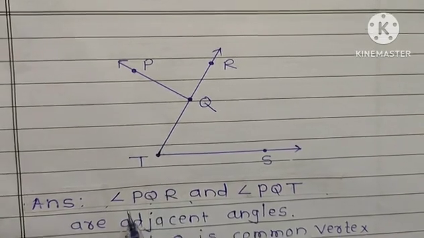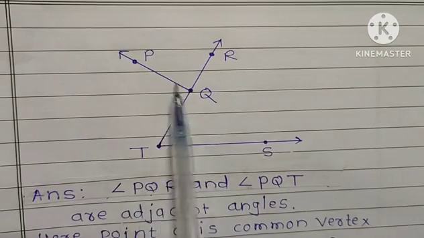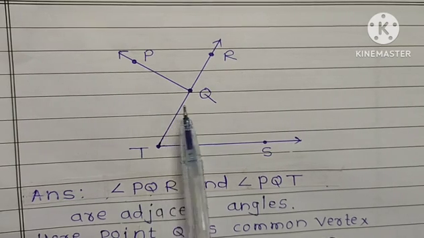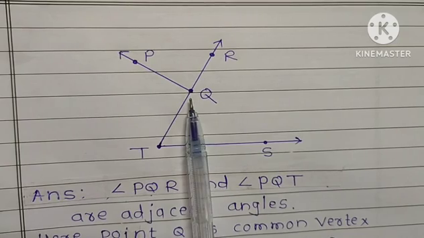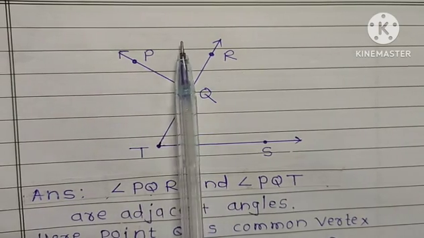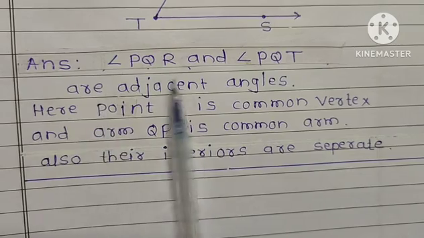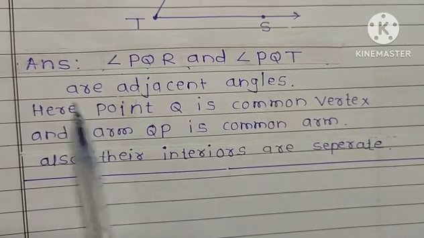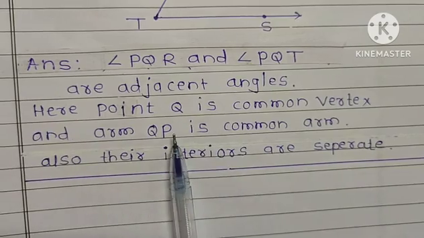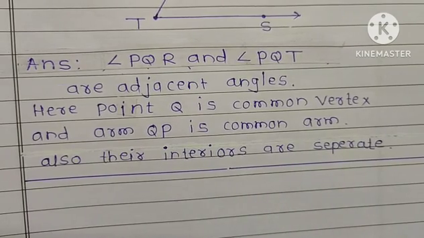So angle PQR and angle PQT are adjacent angles because point Q is common vertex, arm PQ is common arm and their interiors are separate. So we can write in this way: angle PQR and angle PQT are adjacent angles. Here point Q is common vertex and arm QP is common arm. Also their interiors are separate.